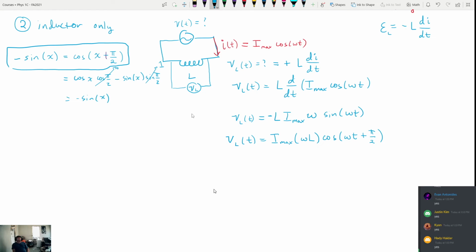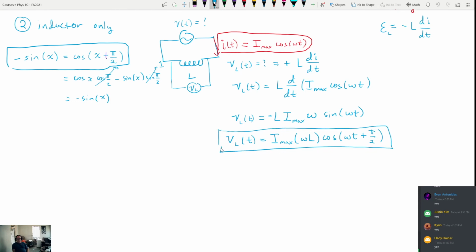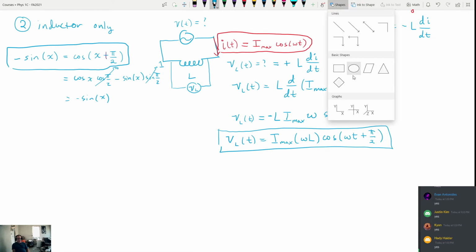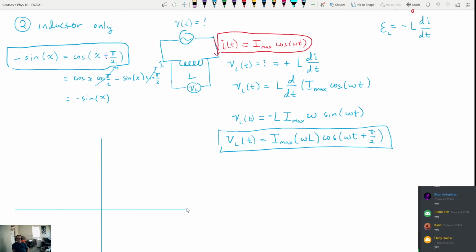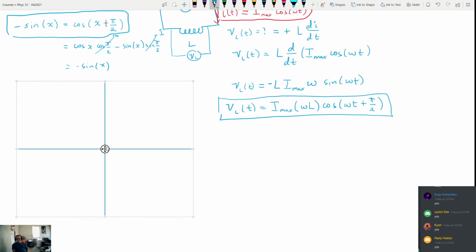And we can draw a phasor for this situation too. So now if we consider what we have going on here, this is our current, and this is our voltage. If we plot these onto a phasor diagram, this is what it will look like.